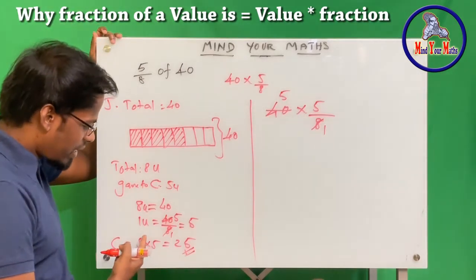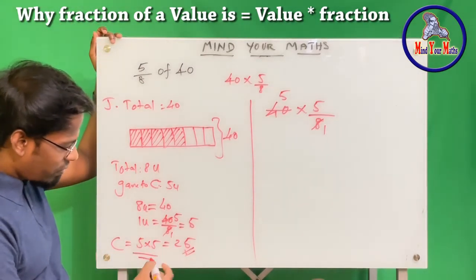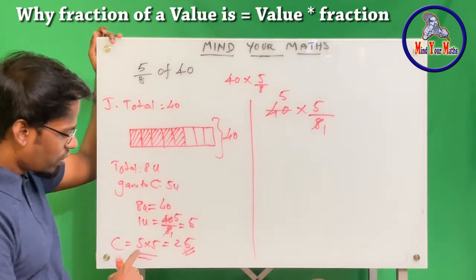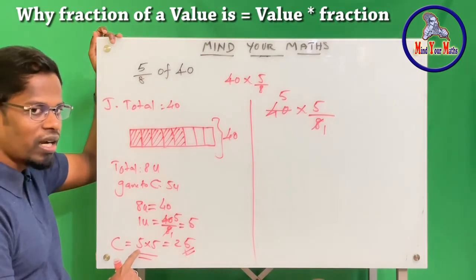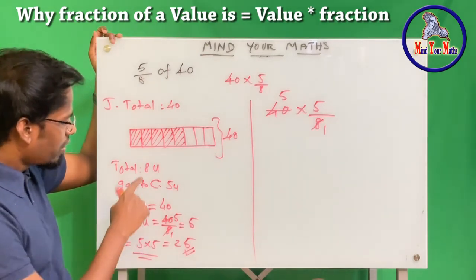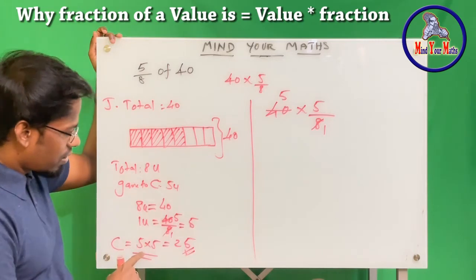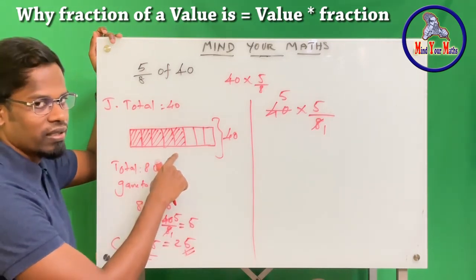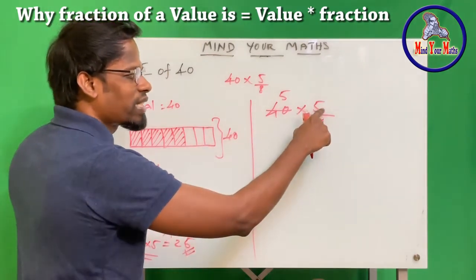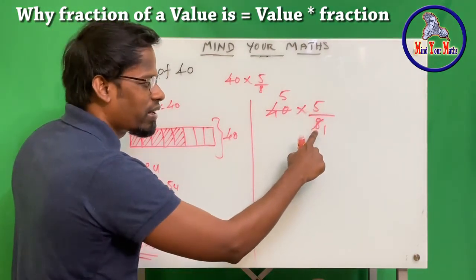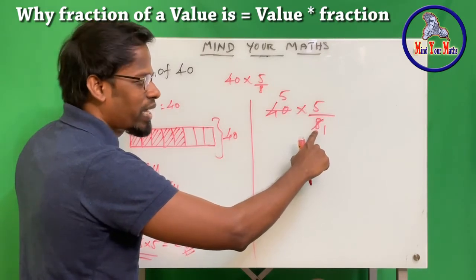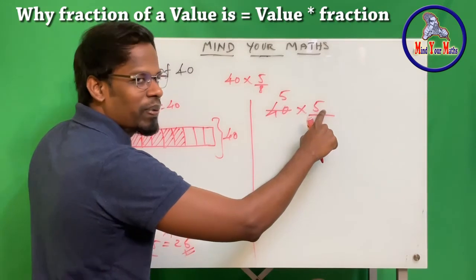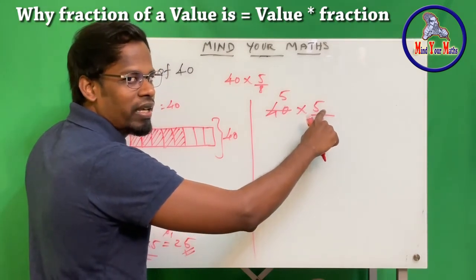What was the next step? We found what 1 unit is, which is 5. Again, to find how much Charles got, we multiplied the 1 unit, the 5, by another 5, because that is what Charles got. That is exactly what we are doing here. First we divided by 8 so that we get 1 unit, which is 5, and then we multiplied by the 5 that was given to Charles.